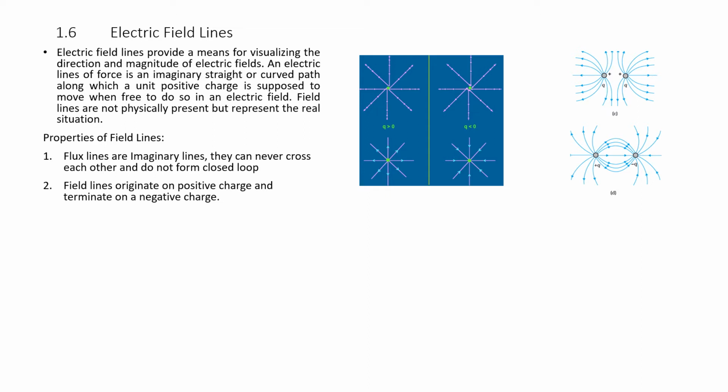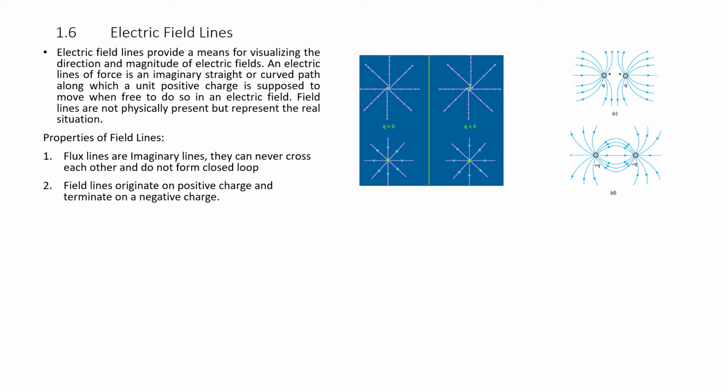Some more representations of field lines are shown in the next diagrams, that is figures C and D. At the top, in figure C, you will see both Q are positive charges. On the lower side, we have one positive and one negative charge. On the left it is plus Q, on the right hand side it is minus Q. Hence, as we said, the field lines originate from positive charge and terminate on the negative charge.